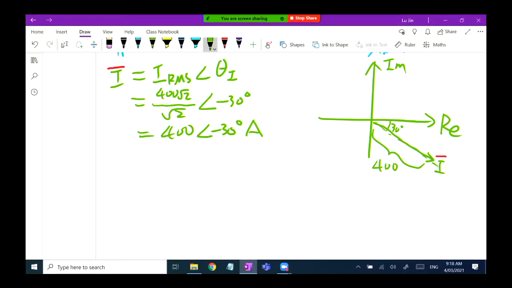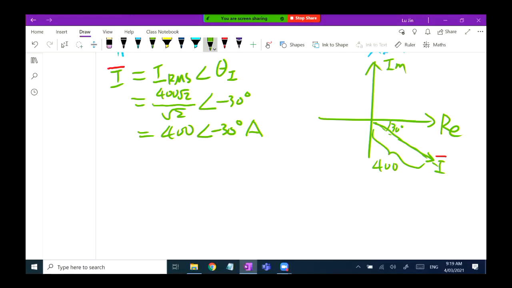Based on this vector in the complex plane, we are going to derive the other form of this vector, which is called rectangular form. At the beginning, I mentioned that all the points or vectors in the complex plane are actually complex numbers. A complex number consists of a real component and an imaginary component.